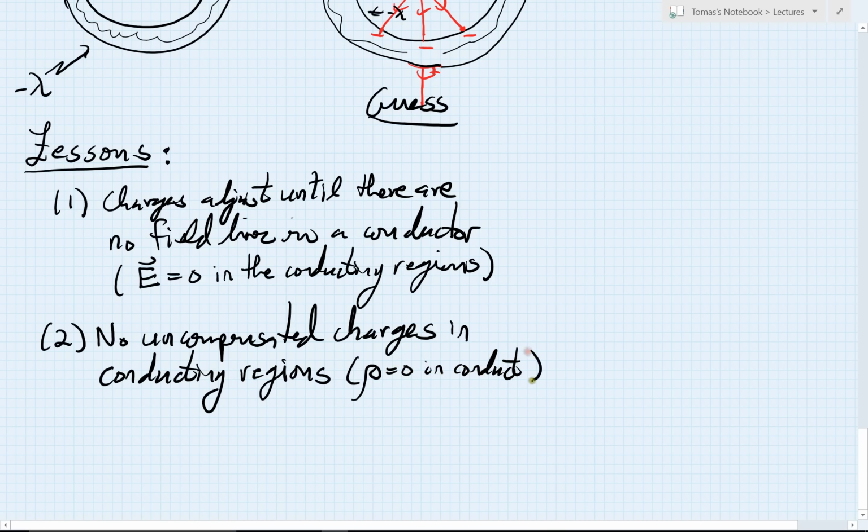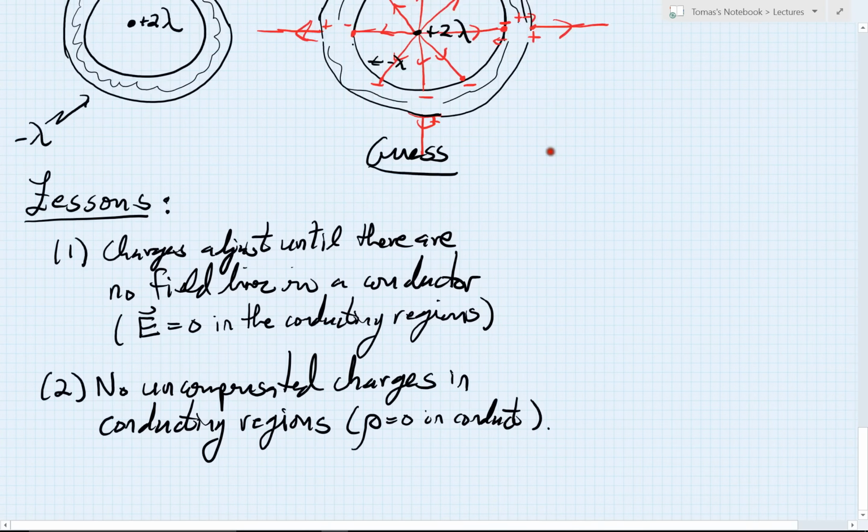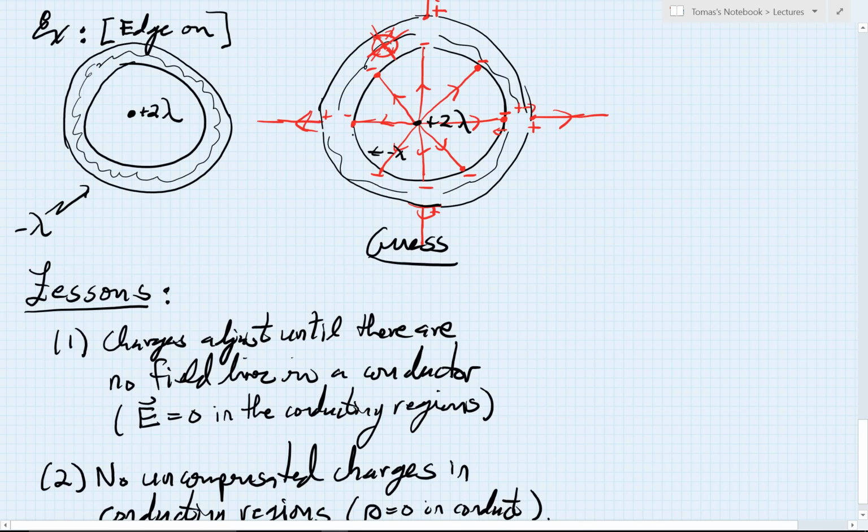Now, by uncompensated, what I mean is that, of course, in any material, if I look very, very microscopically, there are going to be electrons and nuclei, right? But the material overall, generally speaking, is going to be neutral because every atom will have as many electrons as there are protons in its nucleus, so it remains a net neutral object.